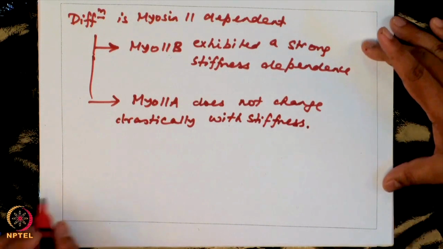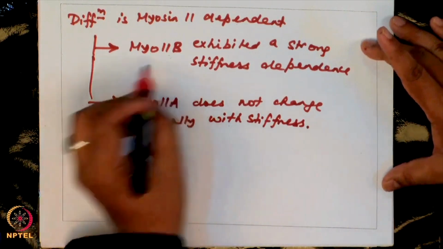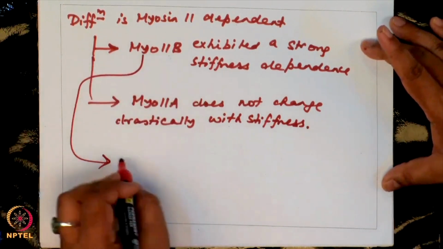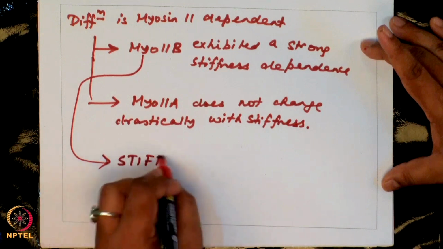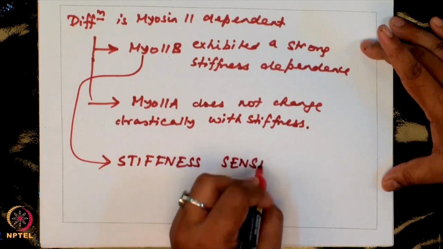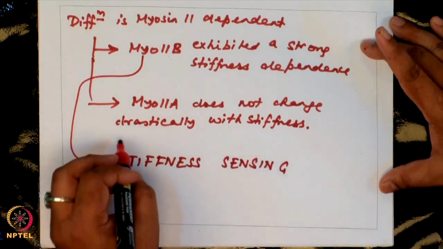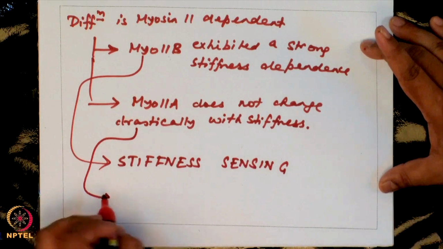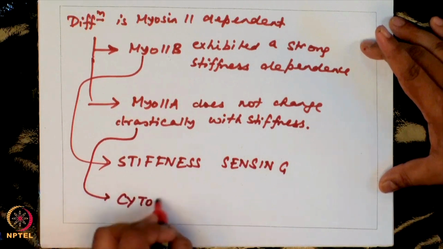So, this suggests that 2b is associated with stiffness sensing, and 2a probably contributes to the cytoskeletal organization.